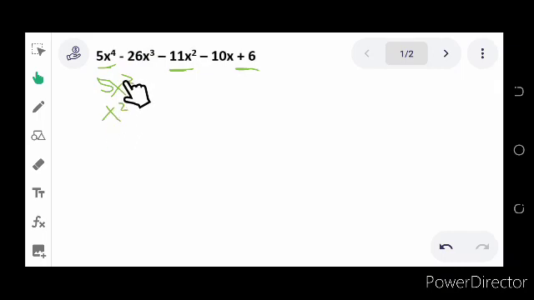Next, we need to factor out 11x squared in such a way that when we multiply and add the product to the product of this 5x squared and whatever factor of 6 we chose, and x squared and another factor of 6 that we choose, we have to come up with negative 26x cubed.